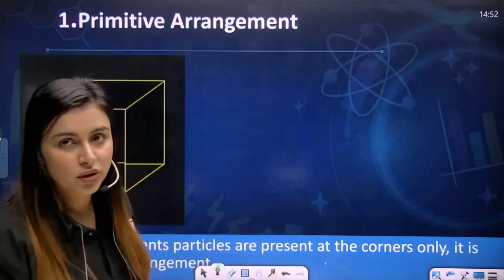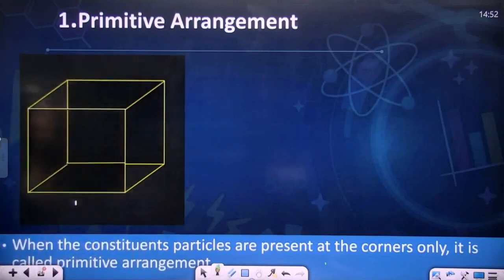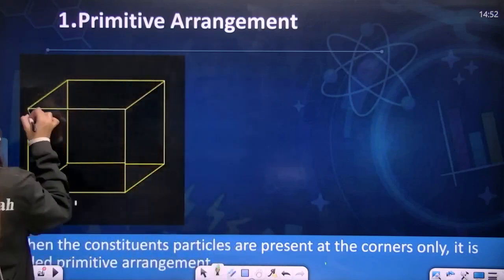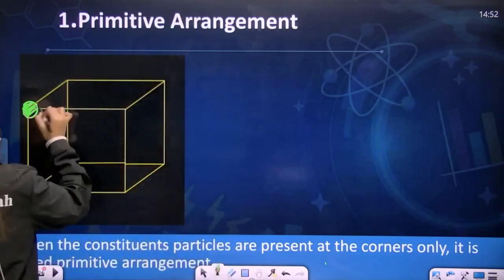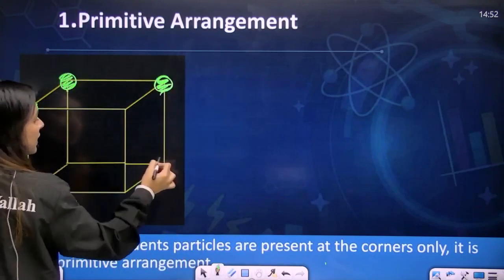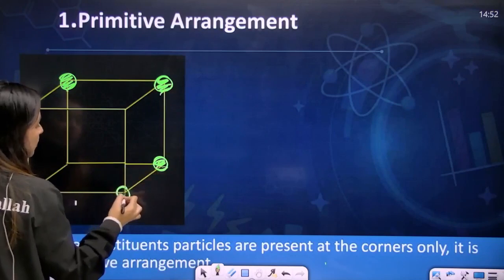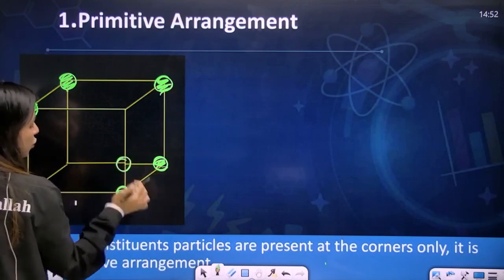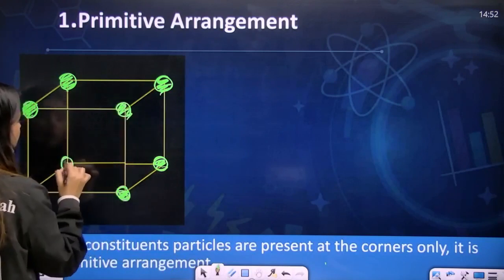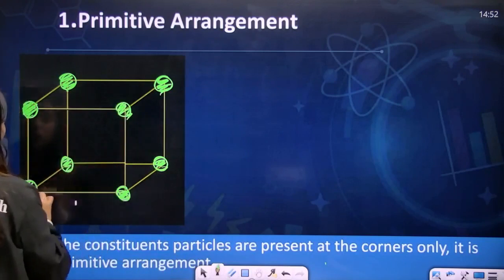You have a cubic crystal system, and in primitive, atoms can only take the places of the corners. So one atom will sit here, the other atom can sit here, here, here, not here, it is not a corner, here it is a corner, and it is also a corner.